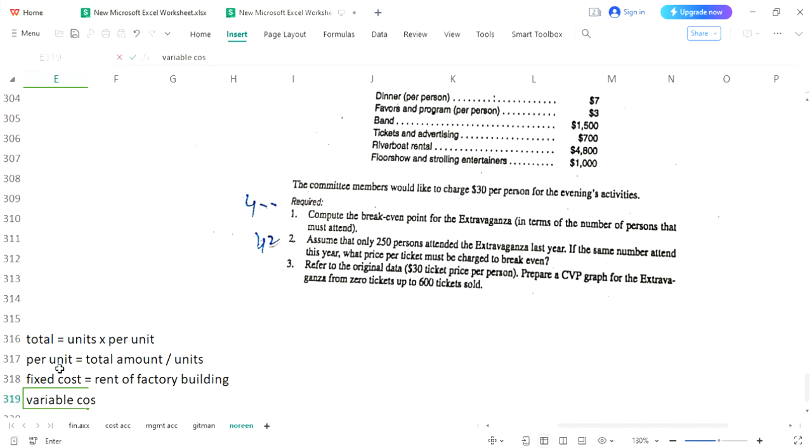And then you have variable cost, the cost which will change according to the level of production or level of sales. Suppose 1000 workers are present in your factory and you are going to produce something. This is stage number one. Then it may be possible you are working with half the number of workers in the same factory.